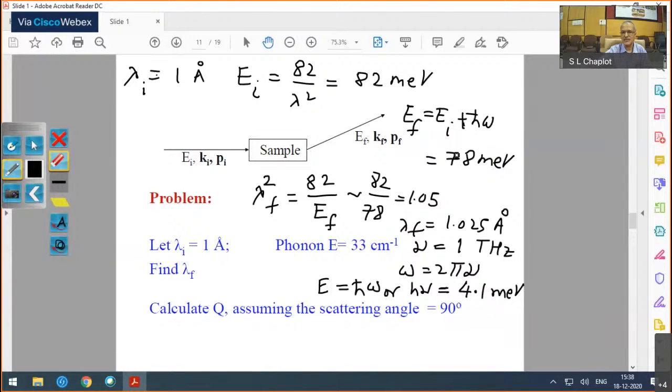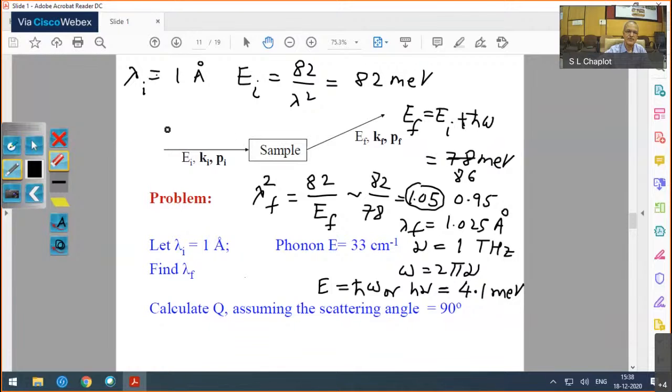So 82 plus it will become then 86, and therefore in that case lambda f would become, instead of 1.025, it will be 82 divided by 86, so it will be 0.95, and the corresponding lambda f would be less than 1, so 0.975. Okay, so that would be a lower number.